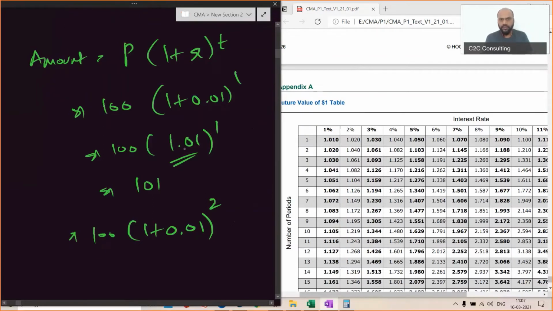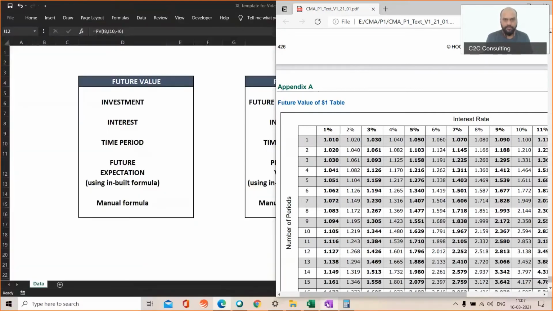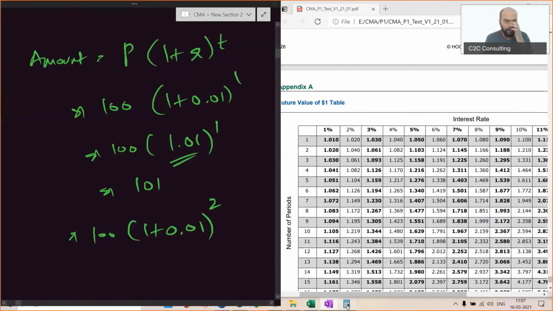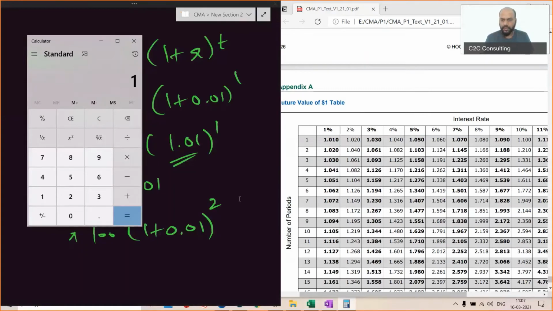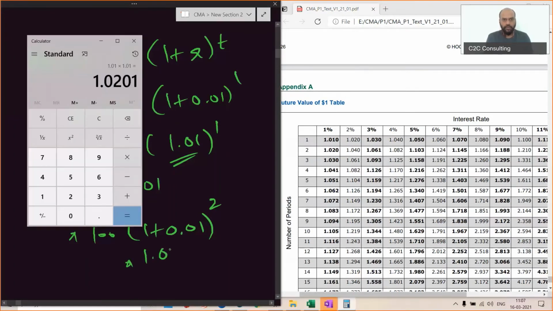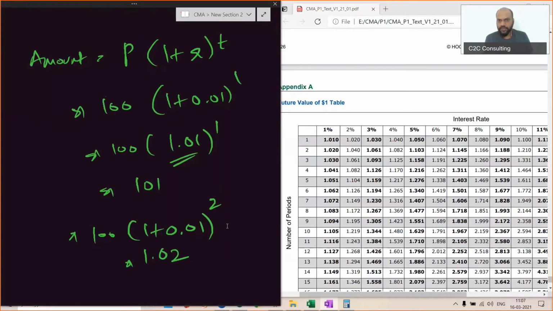You can do this. Now I can use the calculator to understand before I look at the table. So I am investing, 1.01 into 1.01 squared. Now this is telling me it is 1.02. So that's exactly what is mentioned here.